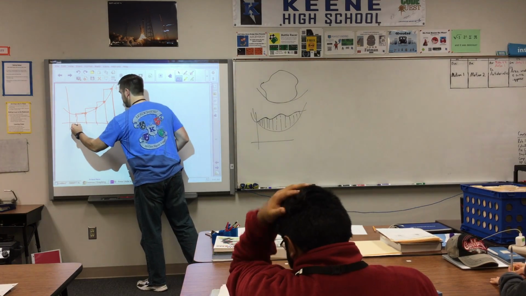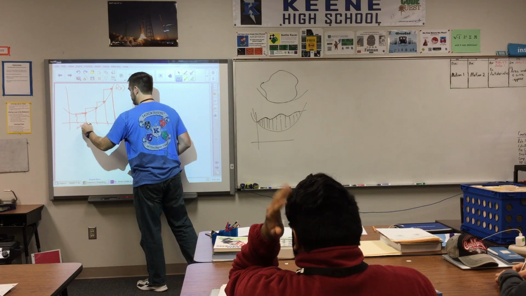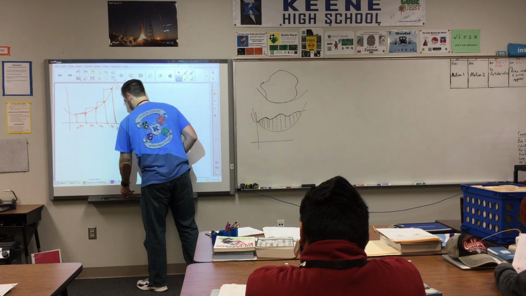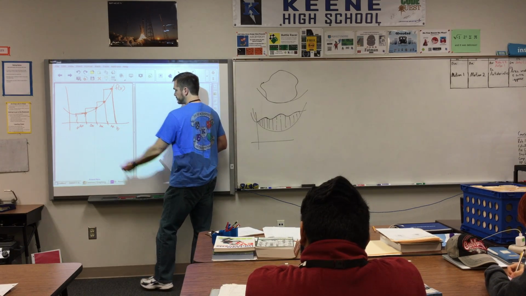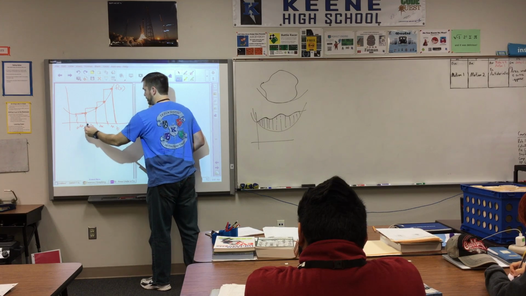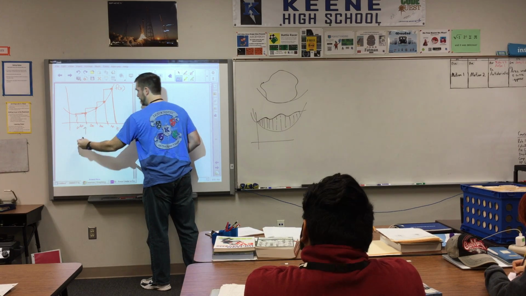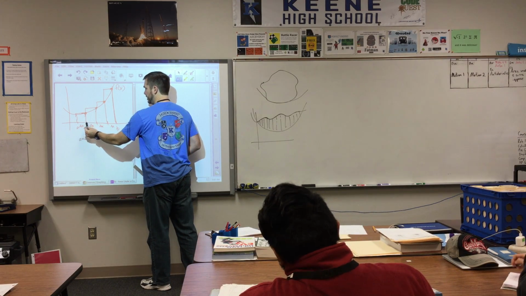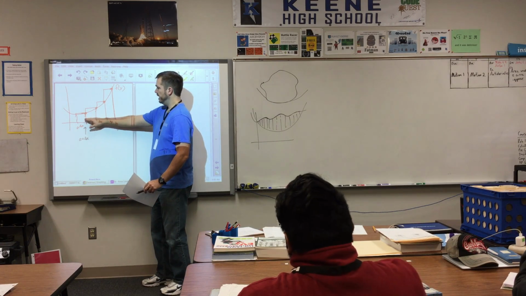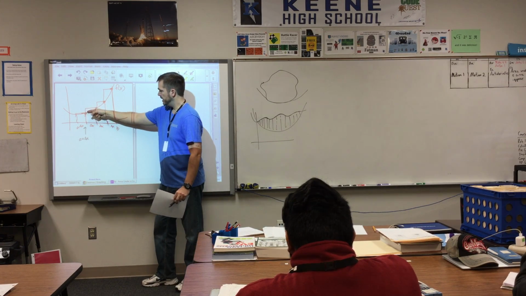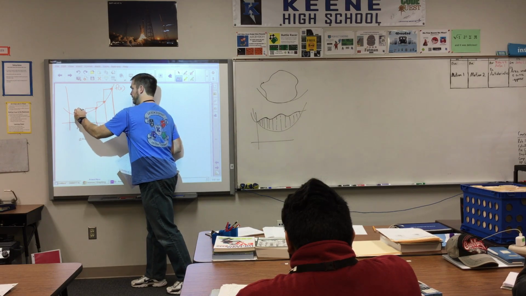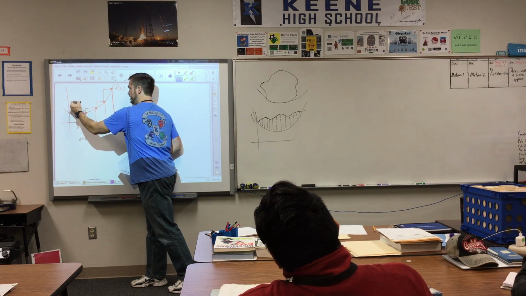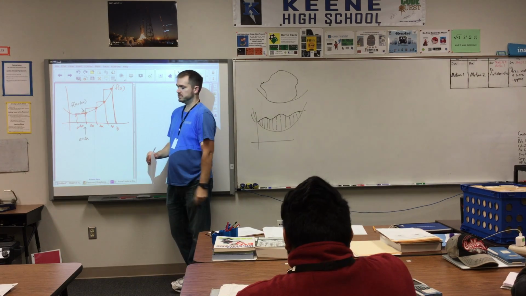So each one of these widths is delta x. We can think of this point right here as a plus delta x, and we can think of the height of this particular rectangle as f of a plus delta x.